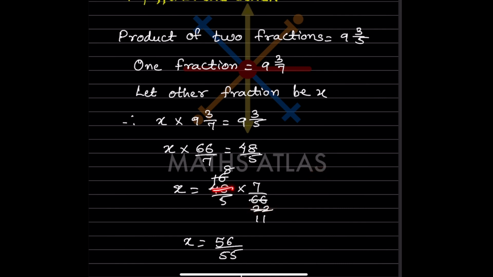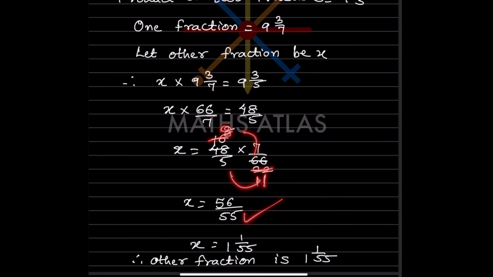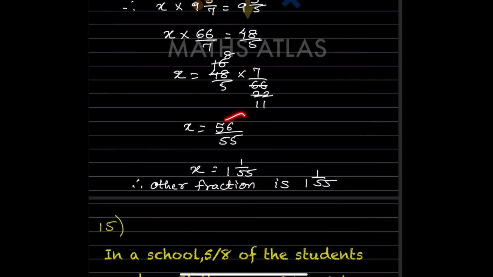And here this is going to be 3 16s are 48. And this will be 2 11s are 22. And here 2 8s are 16. That is going to be 56/55. When you divide this, you get 1 1/55. So the other fraction is 1 1/55.